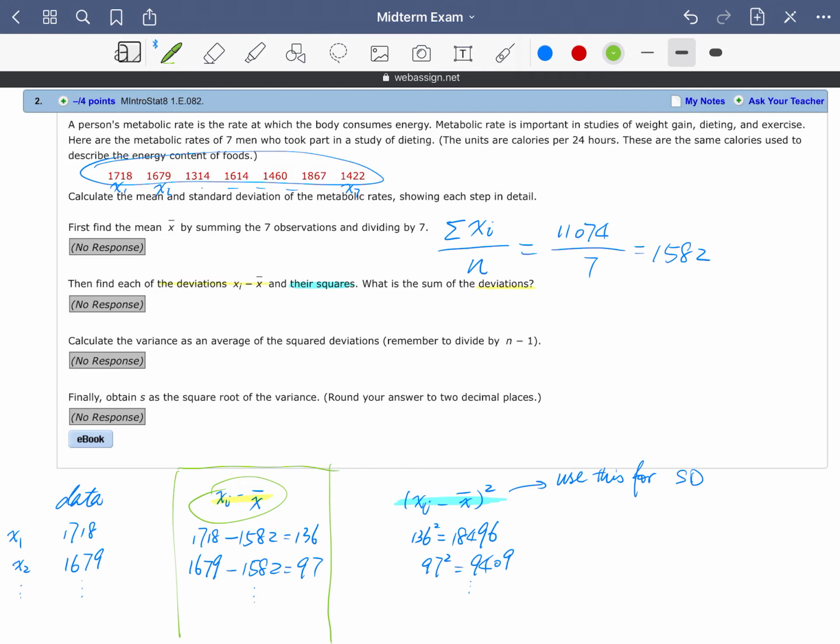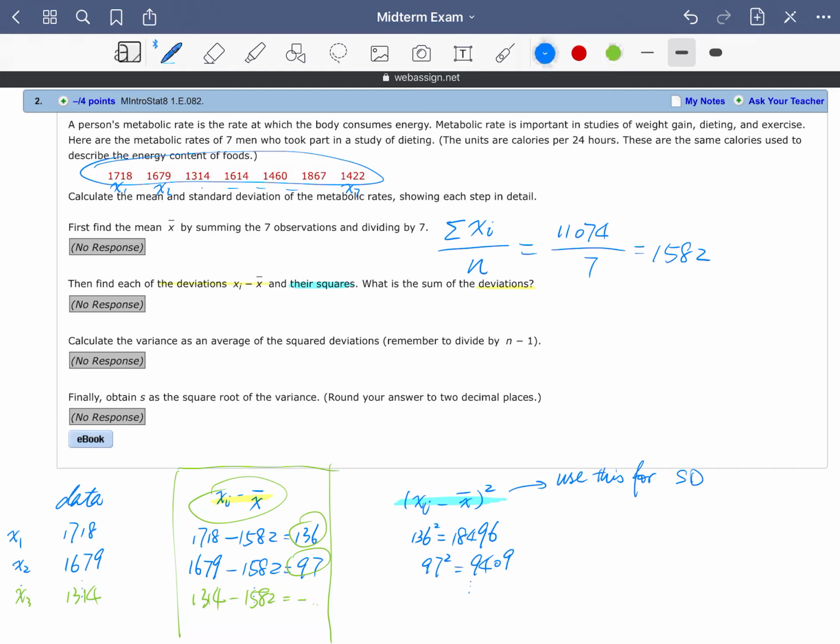For this one, if the data is greater than the mean, then we will see a positive number like this. When you have data that's lower than the mean, for example the third one, x3, which is 1314, you have 1314 subtract 15-something, and the answer will be a negative number. So when you add this column together, the negative and positive numbers will cancel each other.